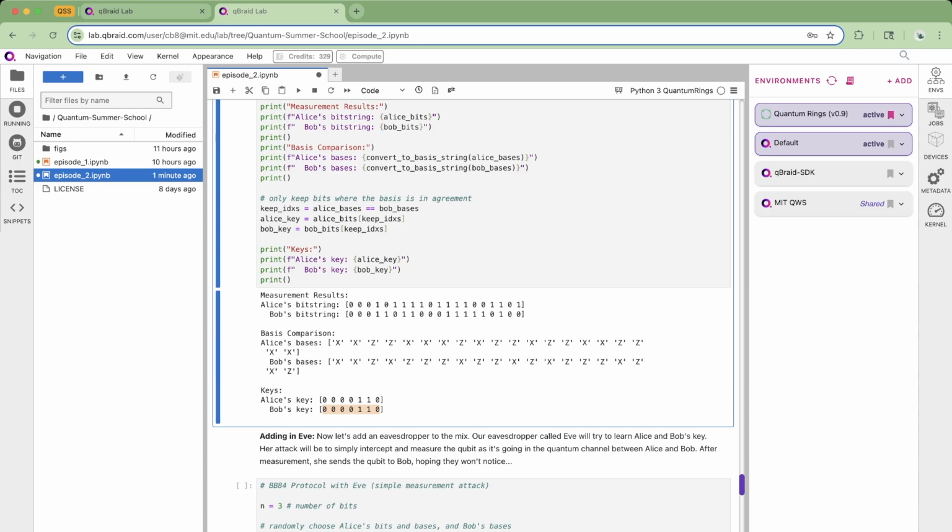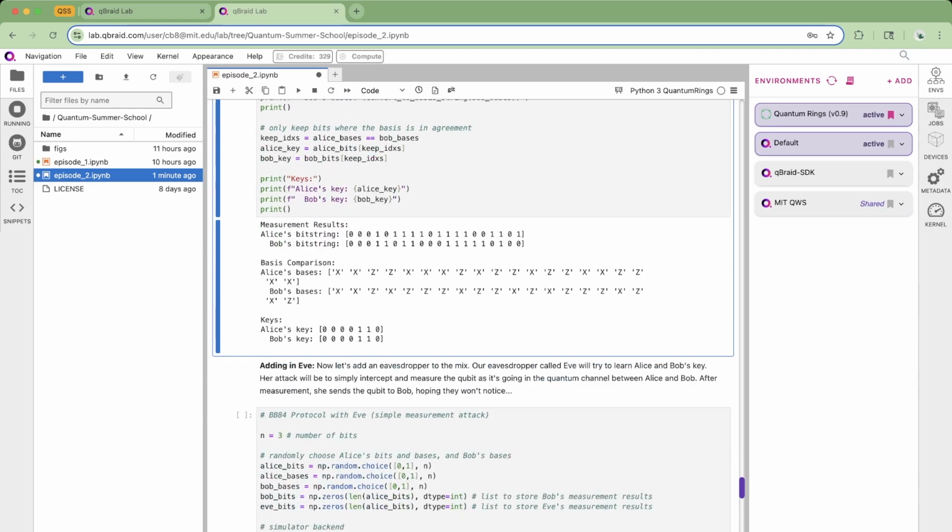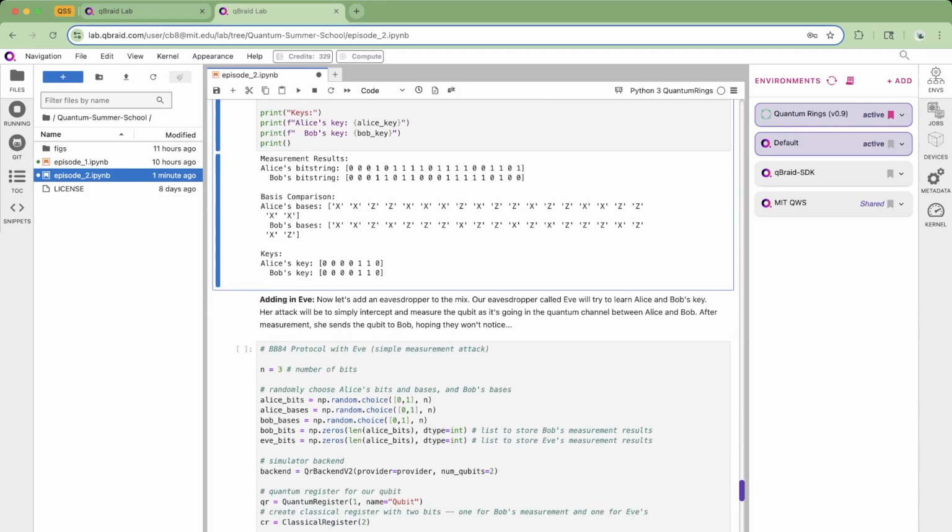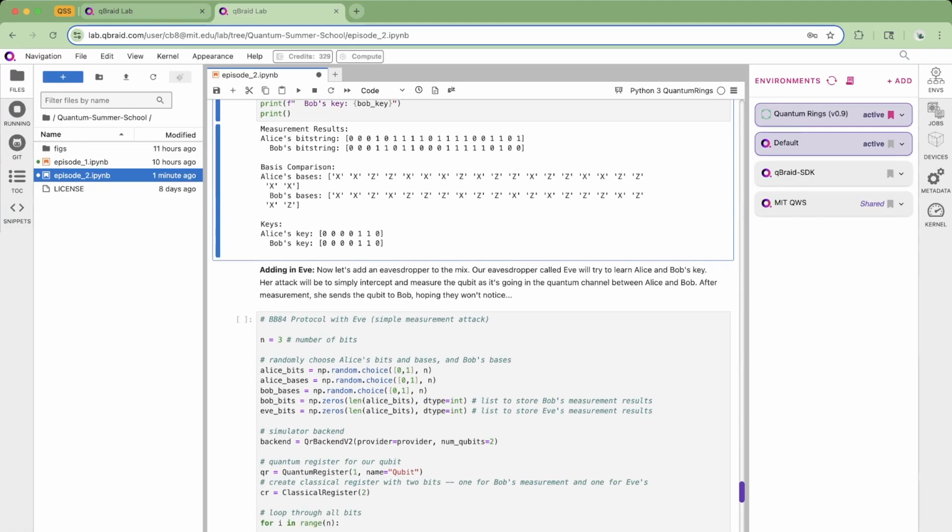These have only been kept private between Alice and Bob, so it's 100% secure and no one else could possibly know the key. Now we want to consider adding in Eve. So Eve is our eavesdropper. There's different things she can try to learn Alice and Bob's key. One potential attack is a simple measurement attack, where as the qubit is coming, she just intercepts it, measures it, and sends it along to Bob.